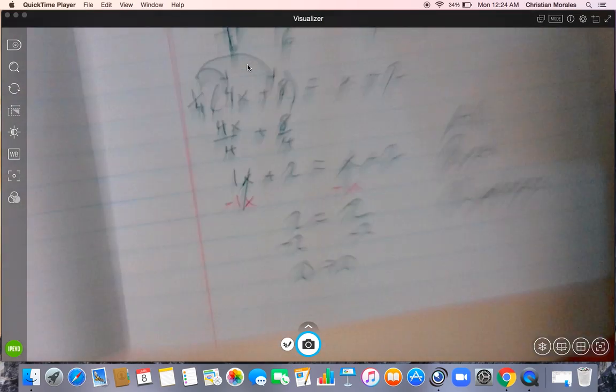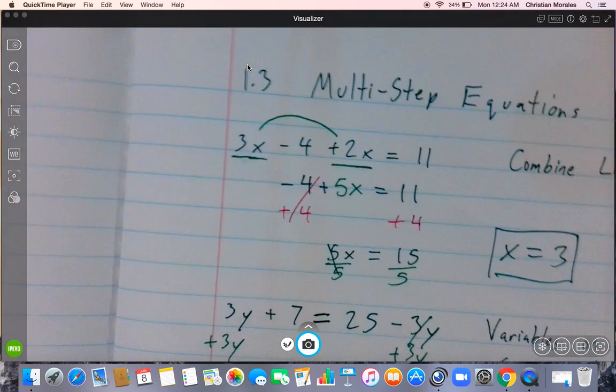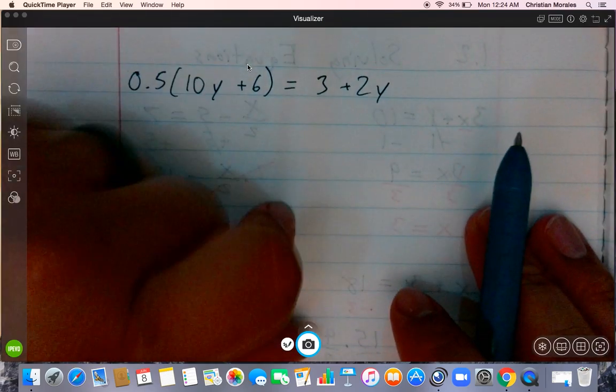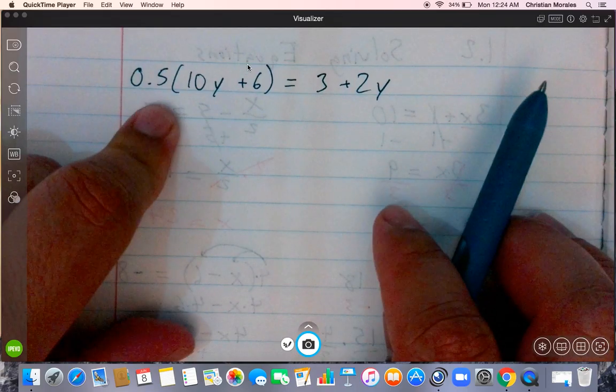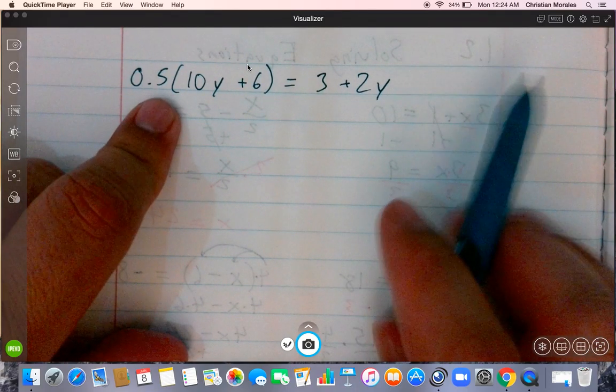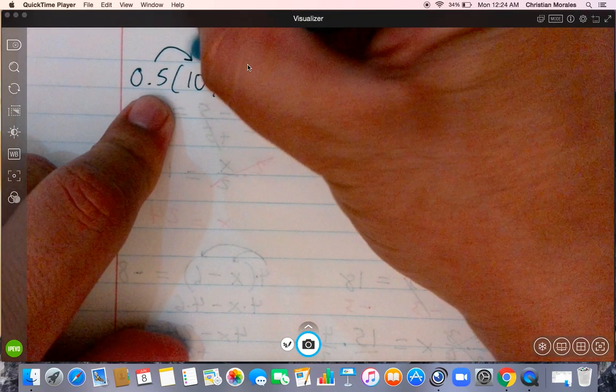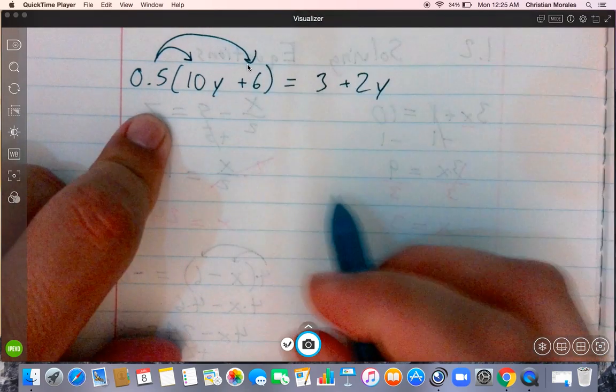Now, sometimes you get this. Right, so again, you can't move anything until you distribute. So we're going to distribute 0.5 to both sides. Use a calculator if you need to.